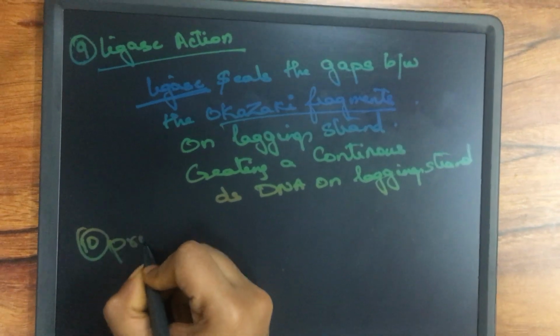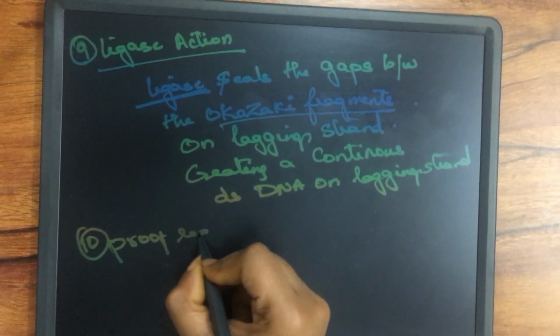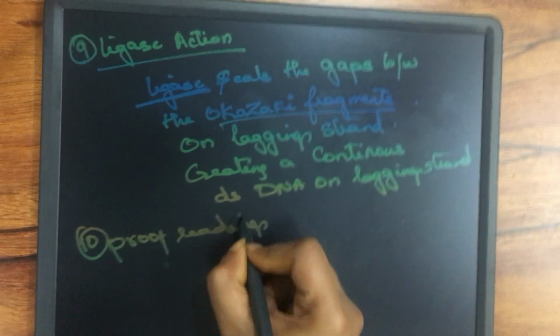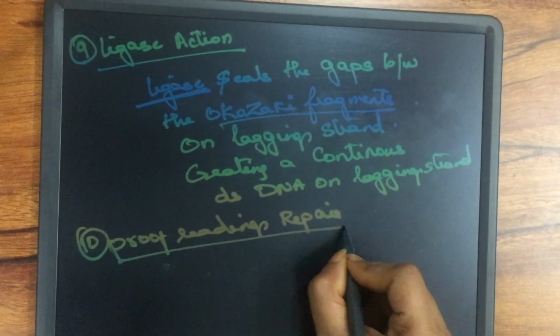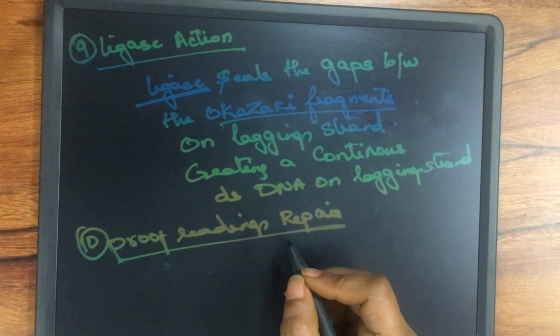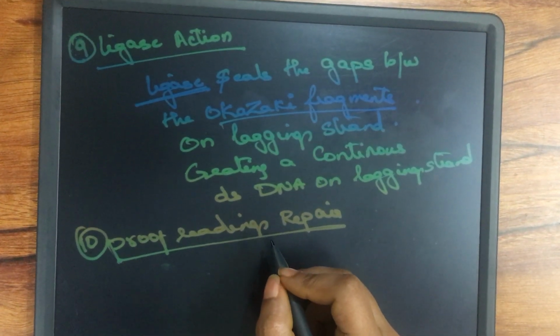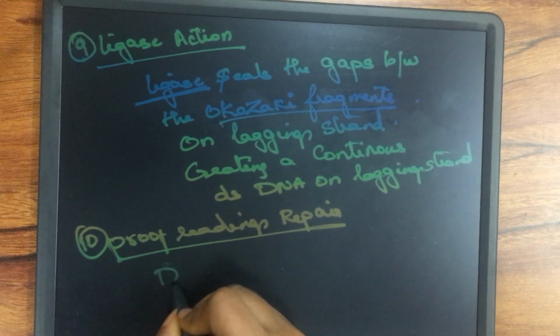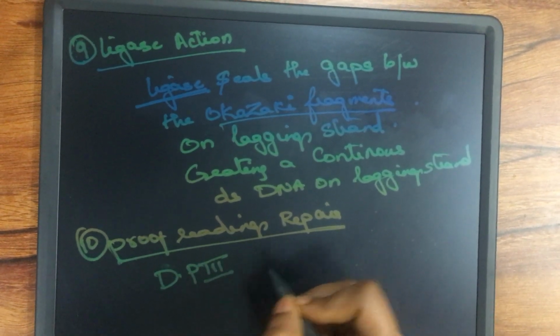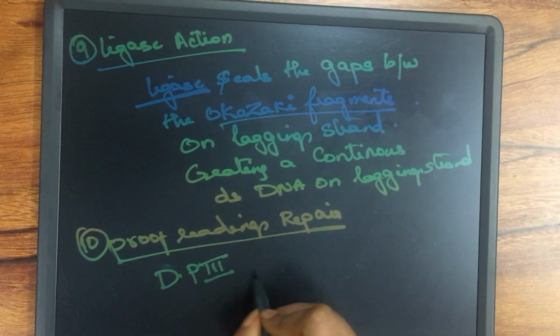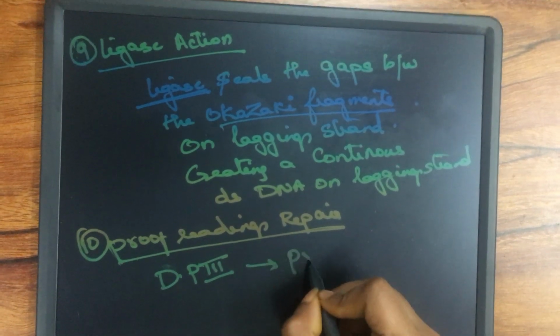Here is proofreading and repair. DNA polymerases have proofreading ability. Our DNA polymerase enzyme 3, especially, has the proofreading ability.